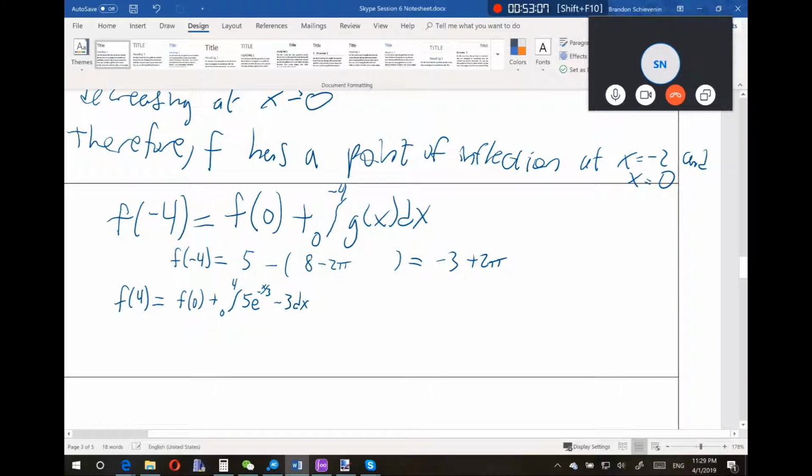Okay, so if I integrate that, what's going to happen when I integrate 5e to the negative x over 3?